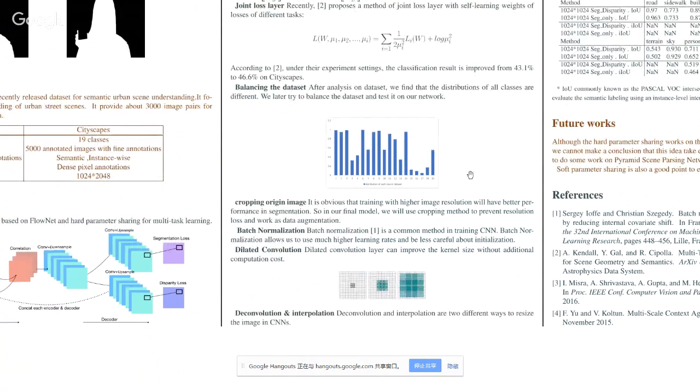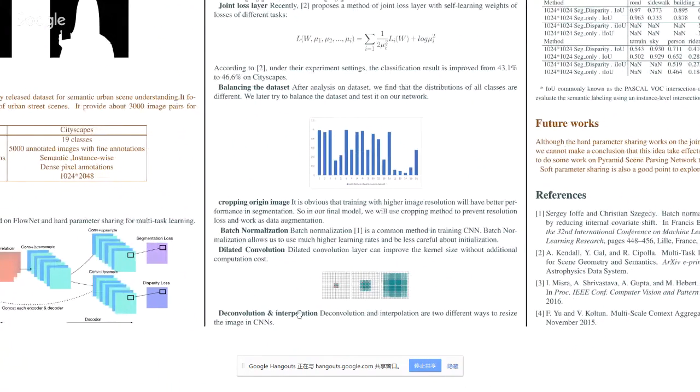For cropping the original image, limited by the GPU memory, and because we want to get a high score, we crop the image randomly. We randomly crop each image into 8 to 16 crop images, and we get the final result perfectly.